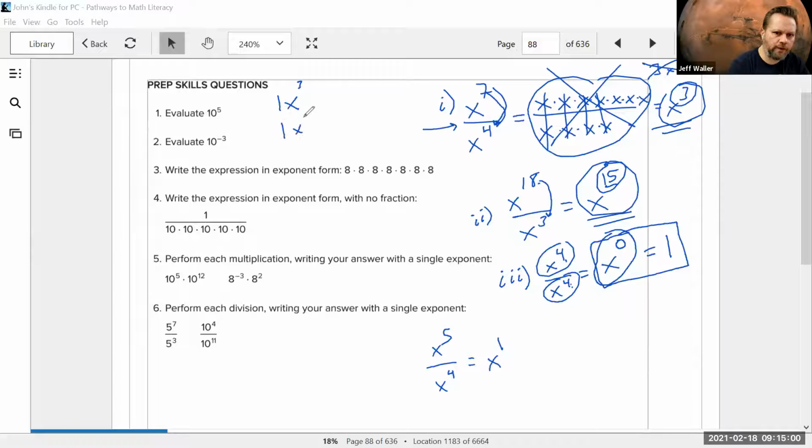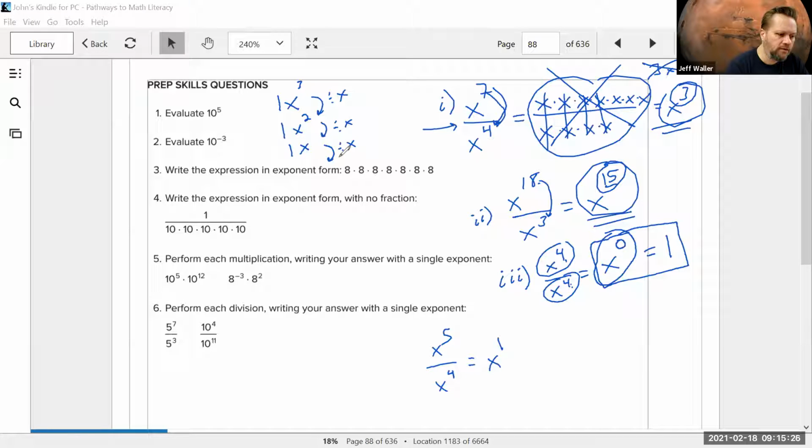Don't I have 1x squared? If I divide an x away again, what do I have now? You just have one x. If I divide an x away again, how many x's will I have?